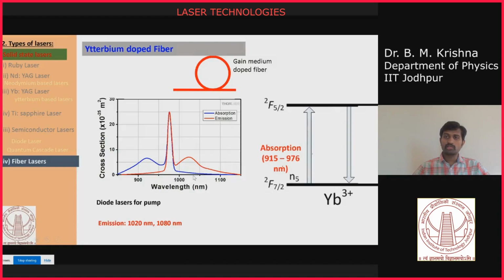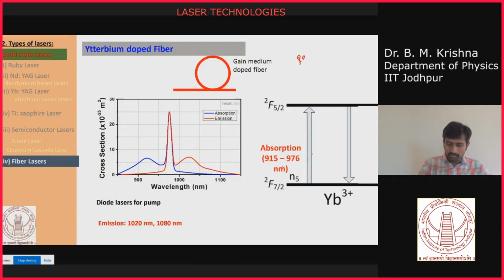Those emission wavelengths are at 1020 nanometers and 1080 nanometers. So if you see any fiber laser at these wavelengths, these are mostly ytterbium doped lasers. The advantage of these fiber lasers is that you get not only high powers, you also get high repetition rates.